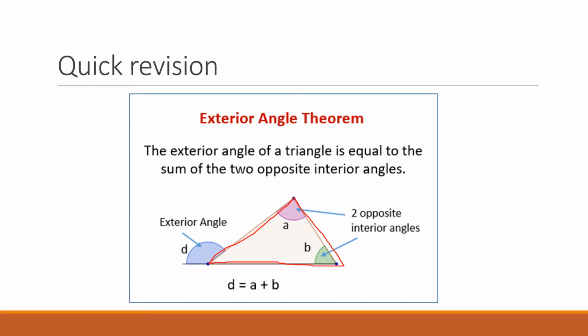Consider two angles, your angle A and your angle B. These two angles are opposite to your exterior angle, angle D. So the exterior angle theorem states that the sum of the two opposite interior angles, your angle A plus angle B, should be equal to your exterior angle, angle D. So this is your exterior angle theorem, or I can say exterior angle property. So we will use this concept.